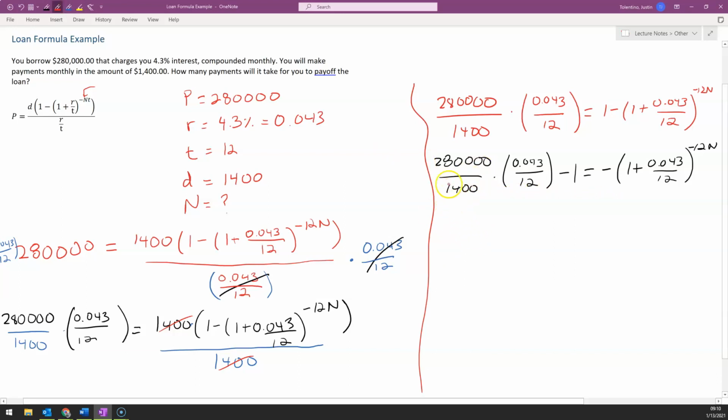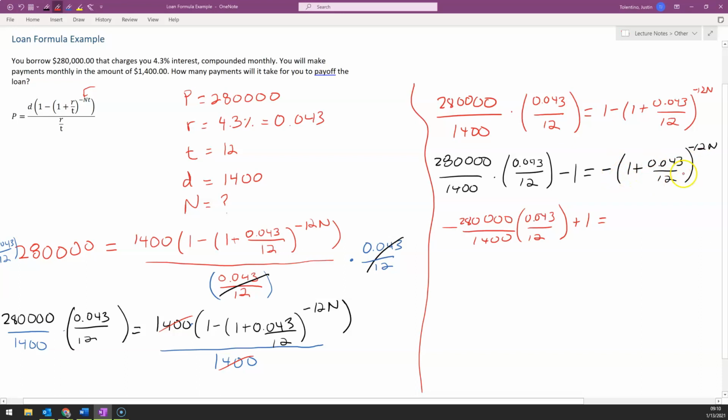So if we divide by negative 1, this term right here is going to become negative. And this minus 1 is going to become positive.